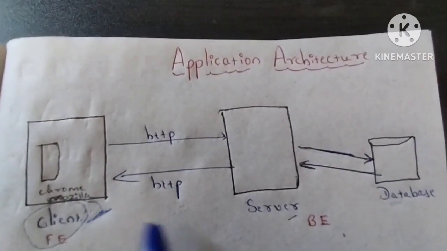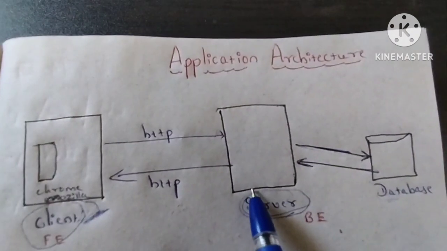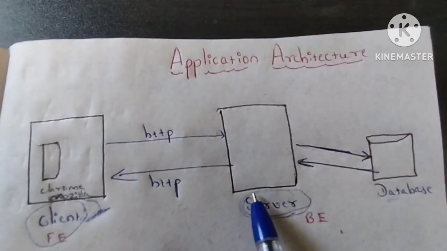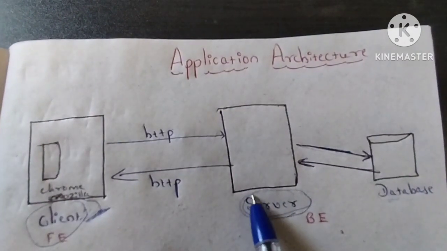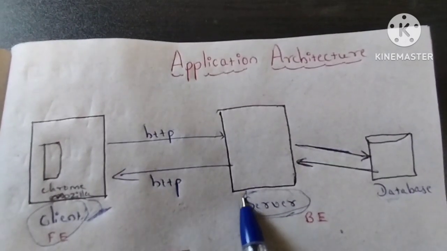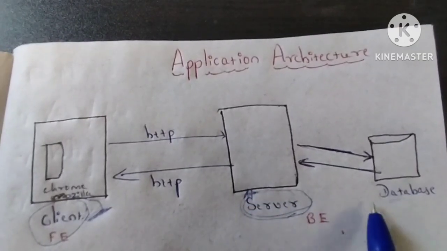Then here comes the server. Server means whatever screens you are going to show on that page, some code is written related to that, some Java and those types of things. Those are all deployed onto the server. This is the server side. Then the database.